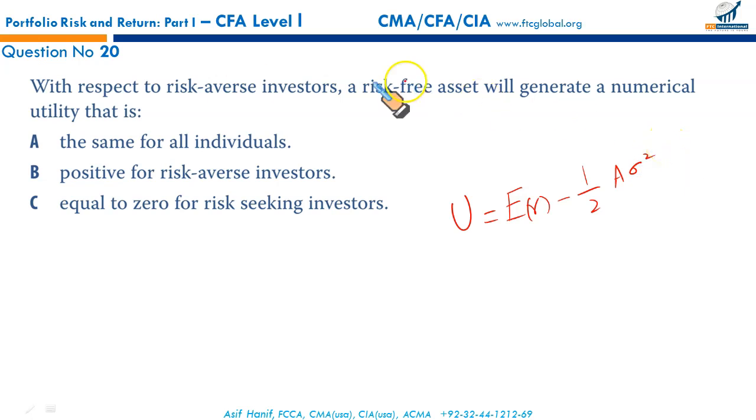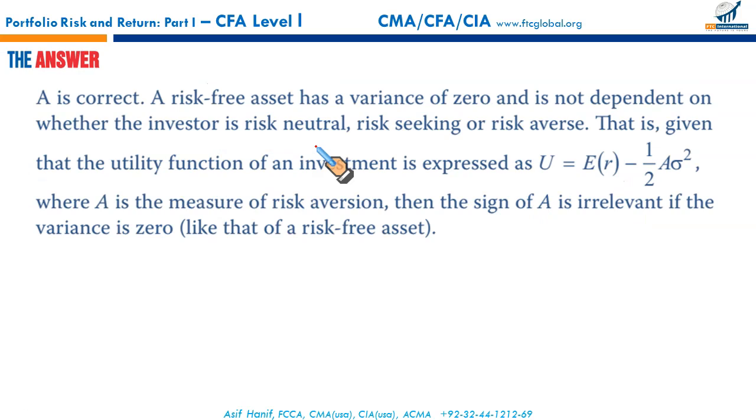Now, with respect to risk-averse investors, a risk-free asset will generate a numerical utility that is... Since a risk-free asset has zero variance, it doesn't matter whether the investor is risk averse, risk seeking, or risk neutral, it will be the same for all. Utility would be the same for all, right? That would make A the correct option.